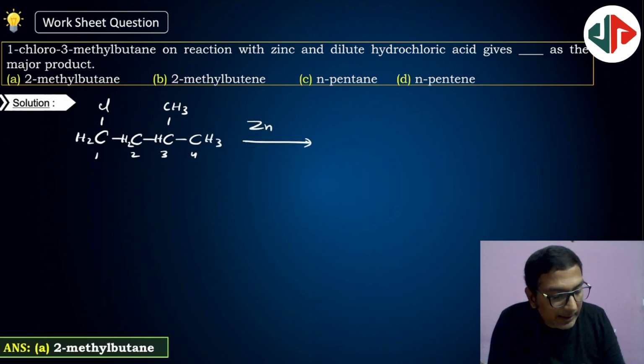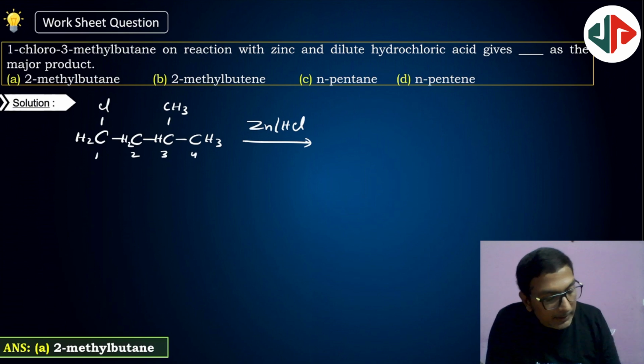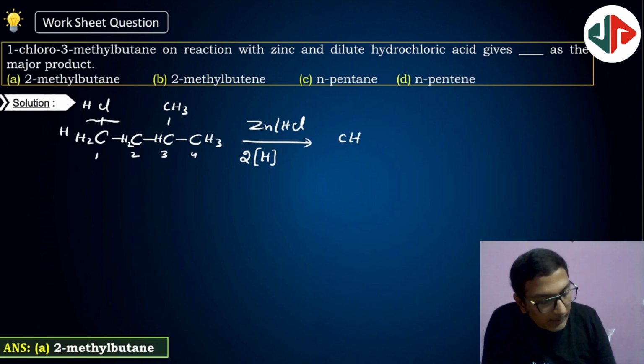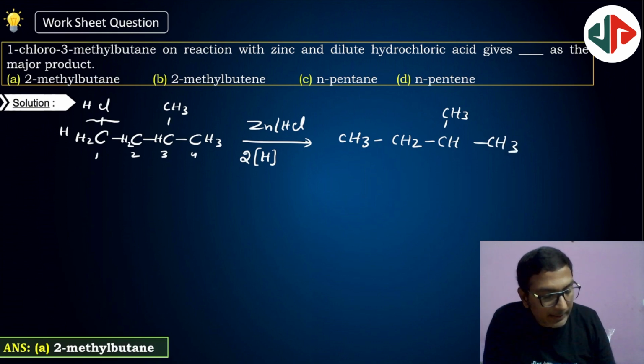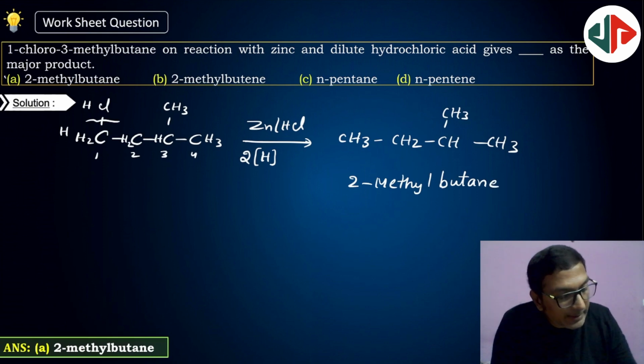Reaction with Zn and HCl, so reduction, 2 moles of nascent hydrogen. We can add like this. It gives CH3, CH2, CH, CH3 and CH3. So 2-methyl butane. 2-methyl butane, A is the option.